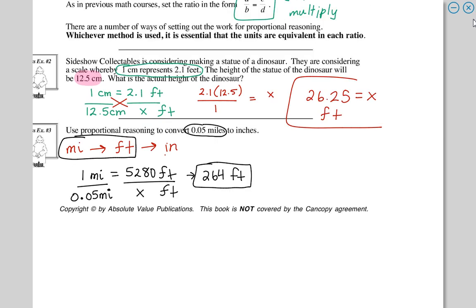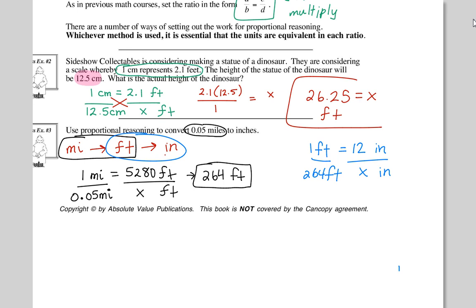So now I need to do the second step. Now I got to go from feet to inch. What does the formula sheet tell us about feet to inch? 1 foot is 12 inches. What do I have? 264 feet. So where does that go? The left or the right? Line up the units. So this one will be 264 feet, and this is x inches. Now, how to solve this one?